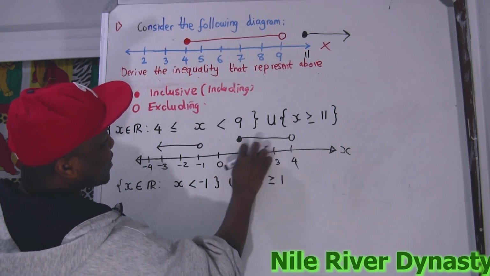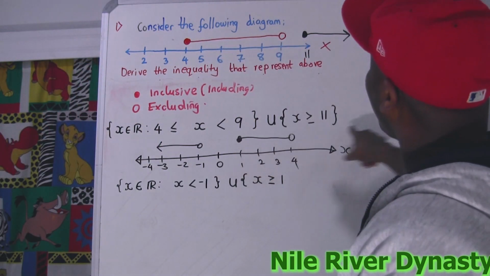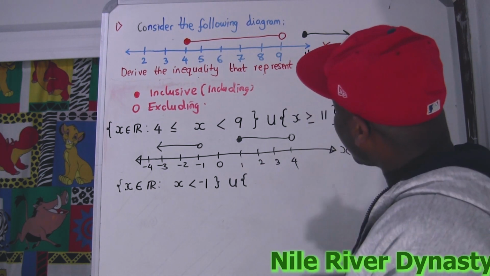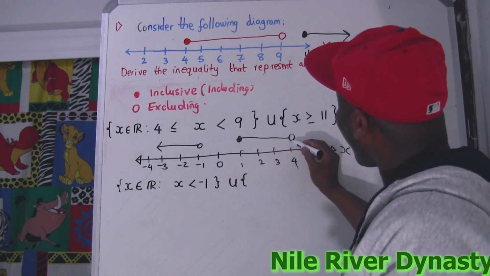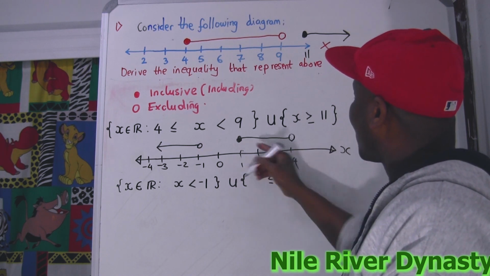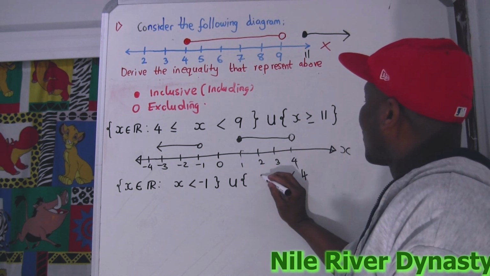There are two ends in this case, so you must allocate two ends, because it's not going all the way around. It kind of goes x between 1 and 4, where 1 is including but 4 is excluding.